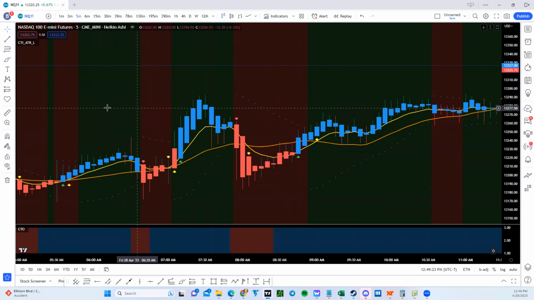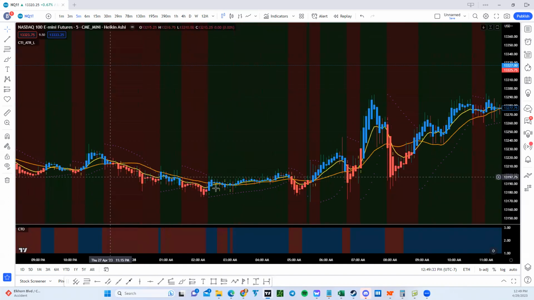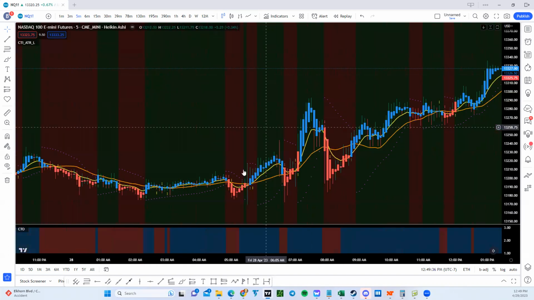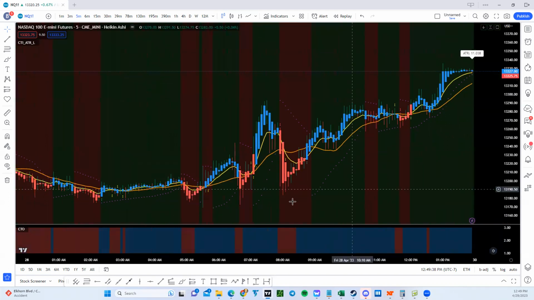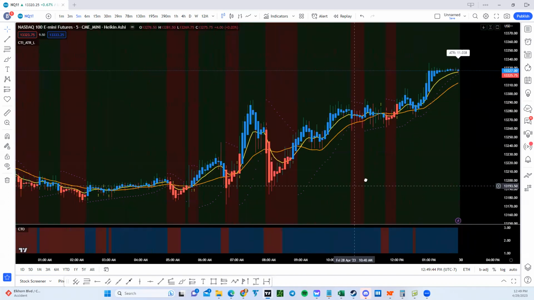You'll see that there is not always agreement. When we're looking at this to here, there's going to be disagreement where some indicators are going to say one thing and others are going to say another. Sometimes the oscillator will be wrong and the chart will be right. Sometimes the chart will be wrong and the oscillator will be right.